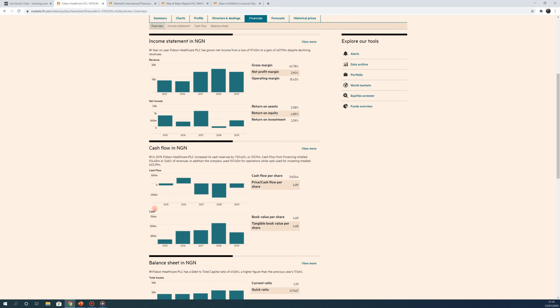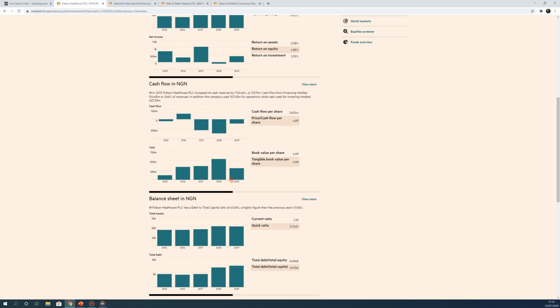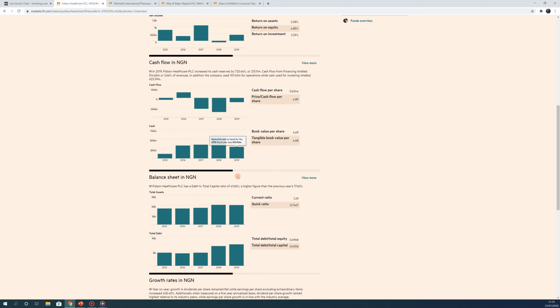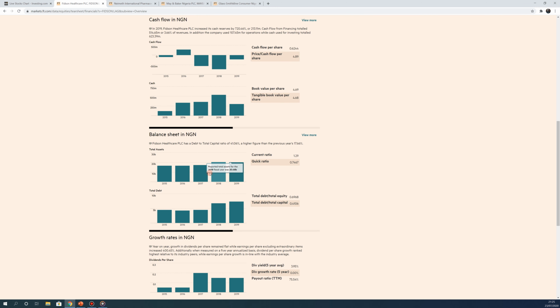Cash flow, no, it's negative. This is negative. Okay, but in terms of cash, they have, as at 2019, over 303 million. That's not bad.